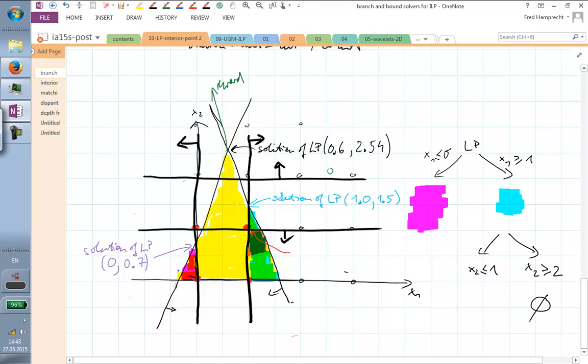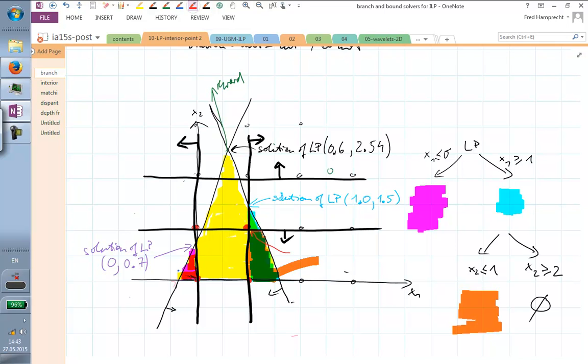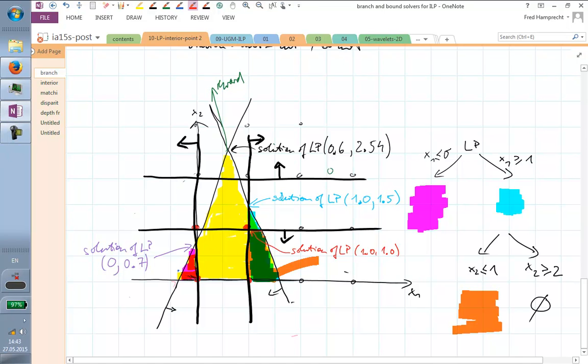This is my new feasible region, which I painted in brown. And the solution of the LP is now 1.0, 1.0. So this is integral, and I can compute its reward.